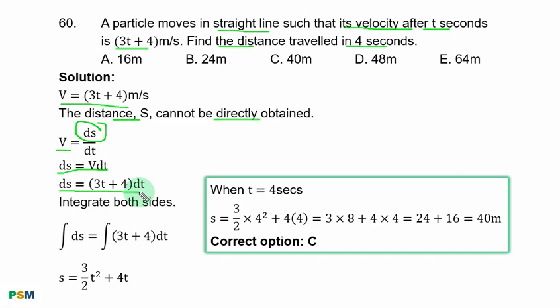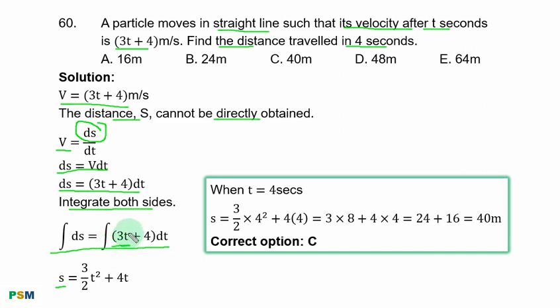To get s from ds, you have to integrate both sides. So you have the integral respectively. If you differentiate s, you have ds, because integration is the reverse process of differentiation. If you come here and integrate, the power is 1.